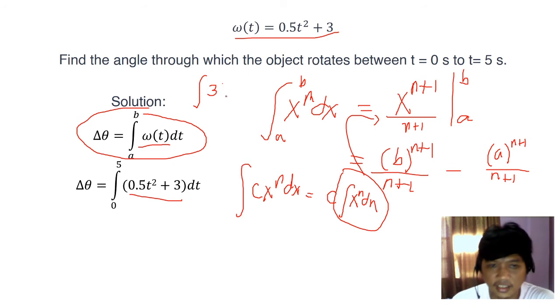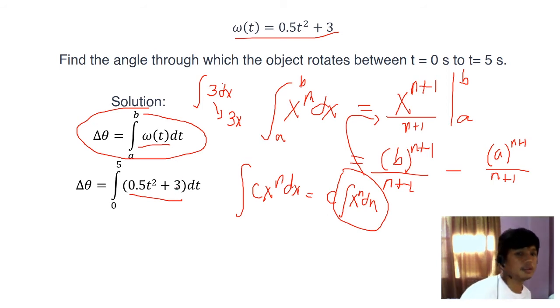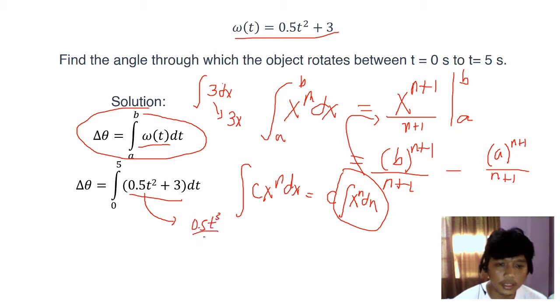In general, C. What happens is it gets multiplied by x, or in our example, t.